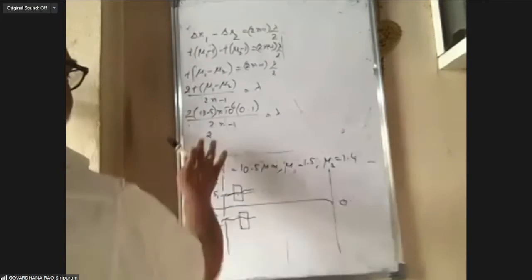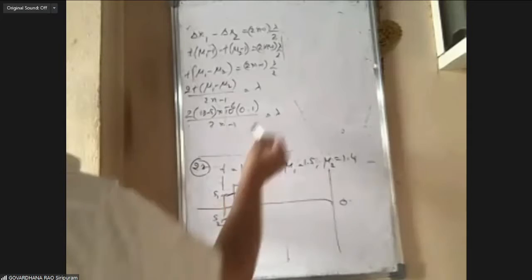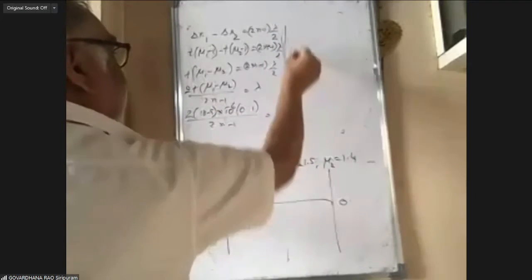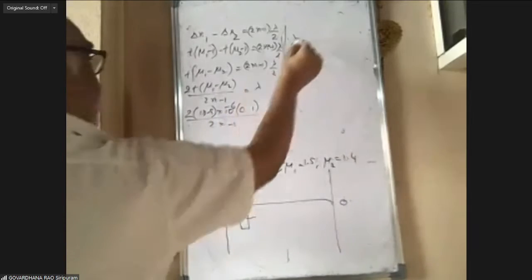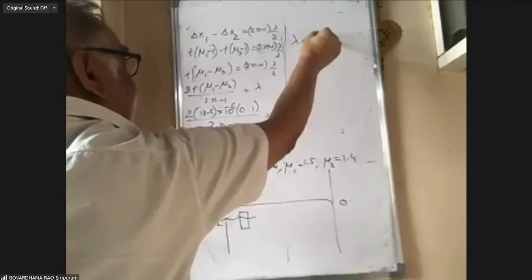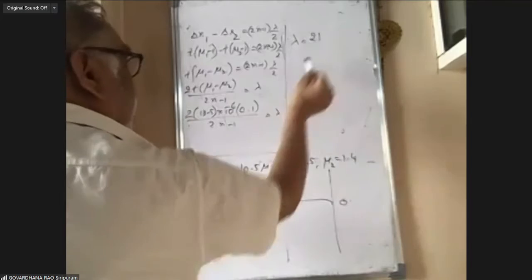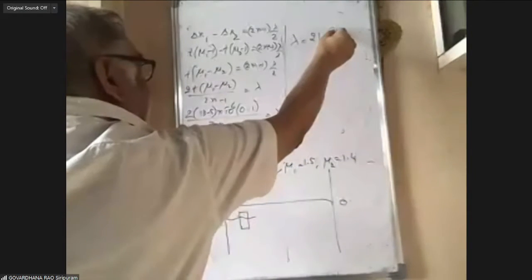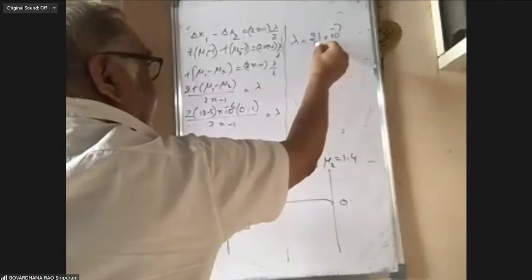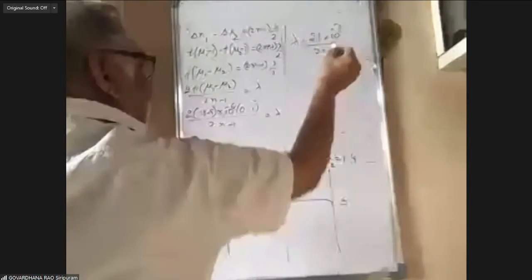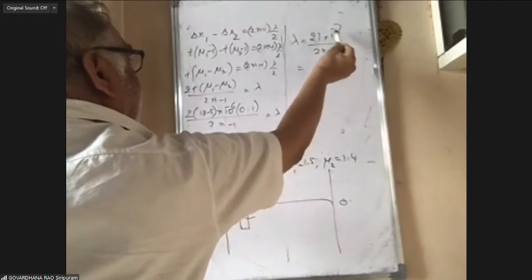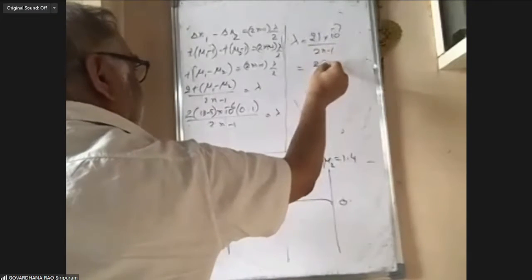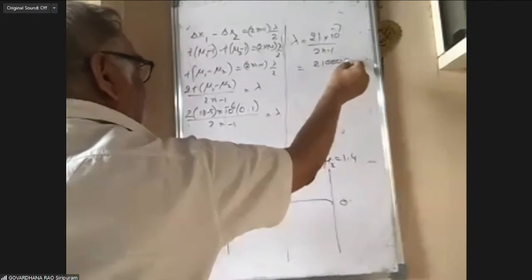So lambda is 21 into 10 to the power of minus 7 by 2n minus 1. 21 into 1000 divided by 1000, so it will become 21,000 angstrom.